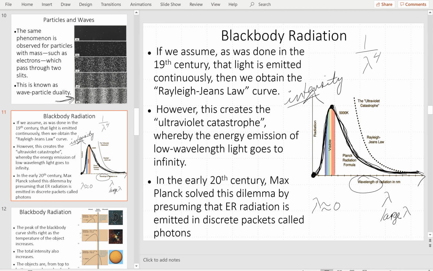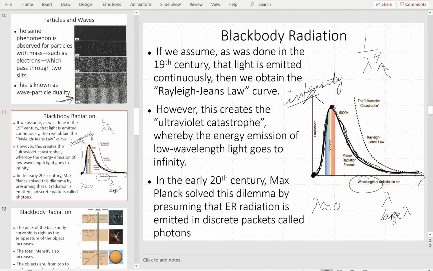So in other words, people predicted that as the wavelength of light decreases, the intensity of the light emitted by the sun would increase by a factor of 4.